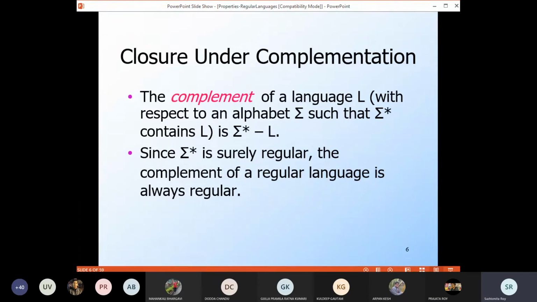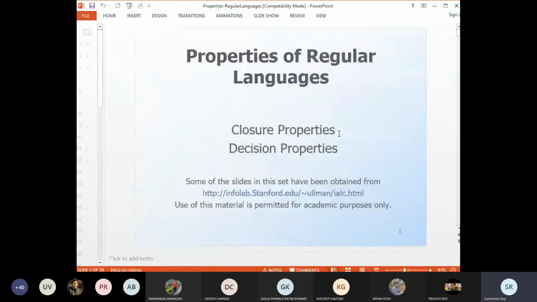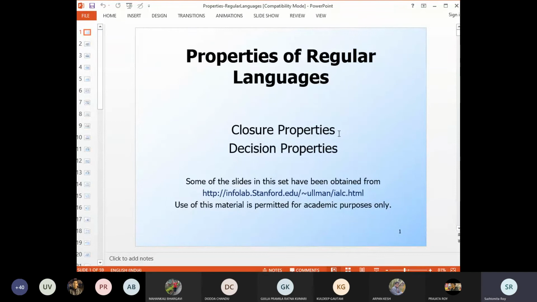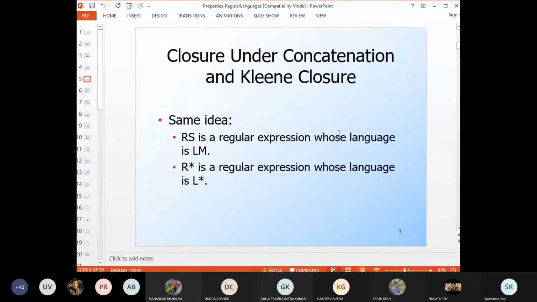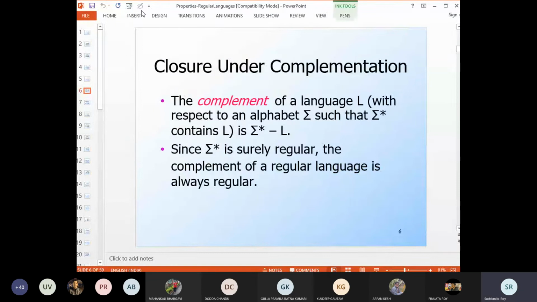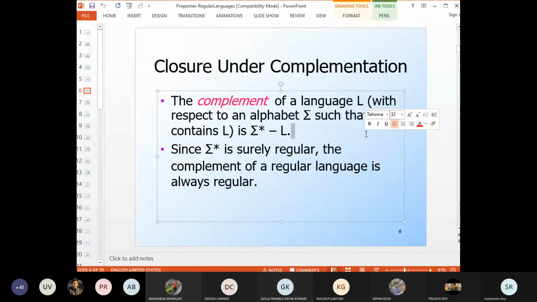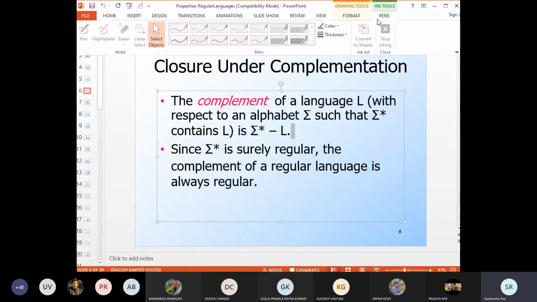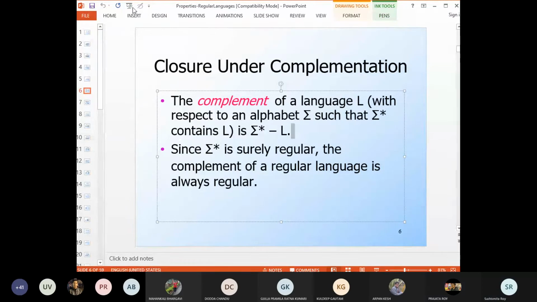For any given alphabet sigma, for example, your alphabet could be the binary digits 0, 1, just the set of binary digits 0, 1, then the universal set would be something like, what would be the universal set? Sigma star. Sigma is not correct.